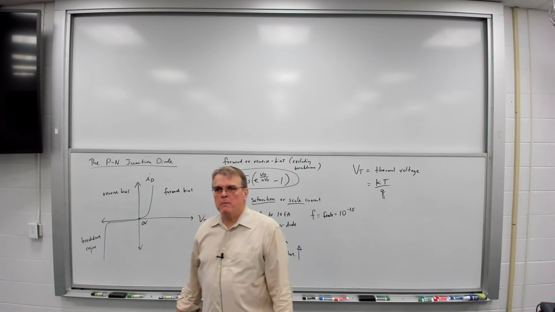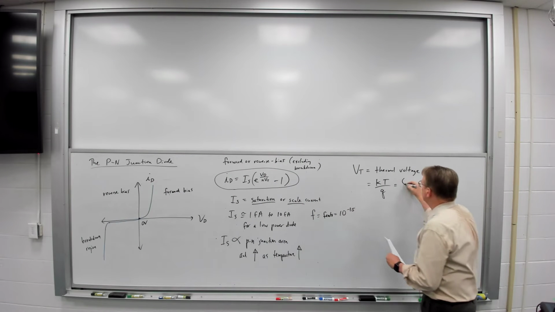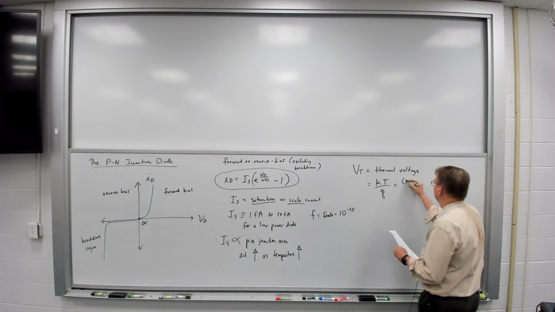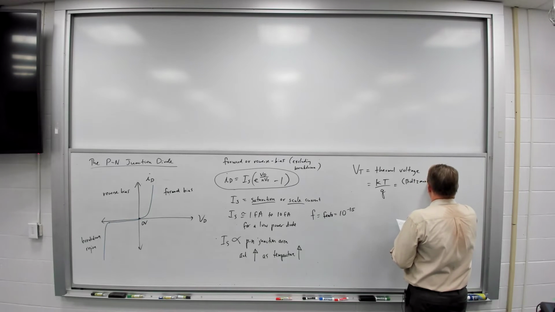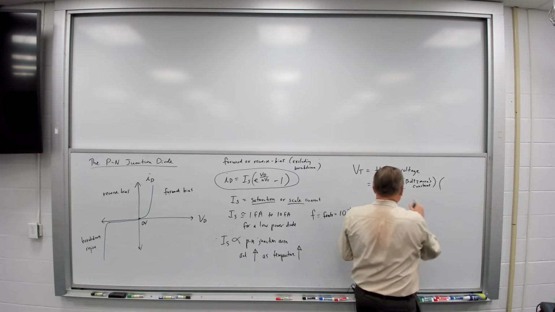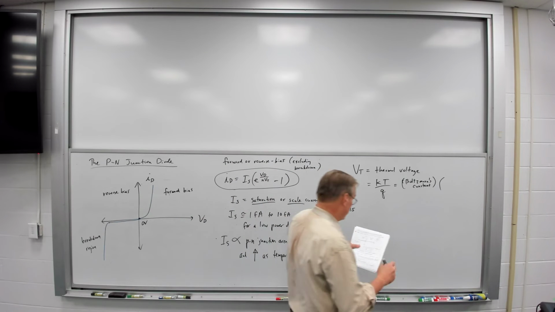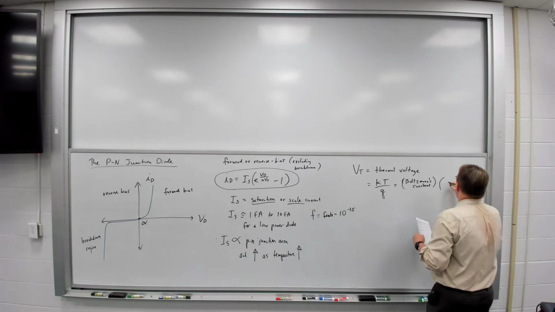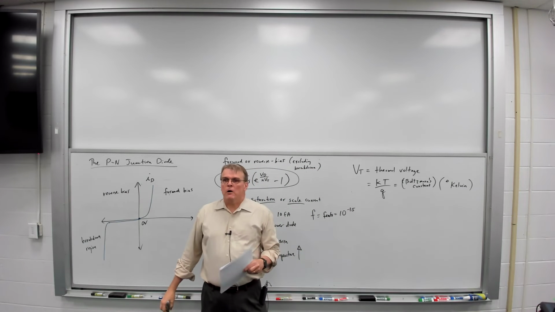And those are actually parameters you've seen before from your physics courses. k is Boltzmann's constant. T is absolute temperature in degrees Kelvin. And q is the charge on the electron.